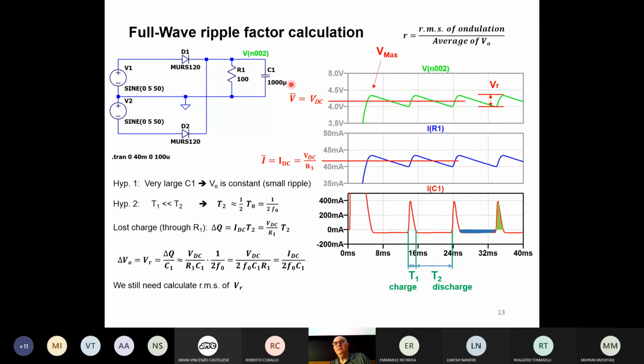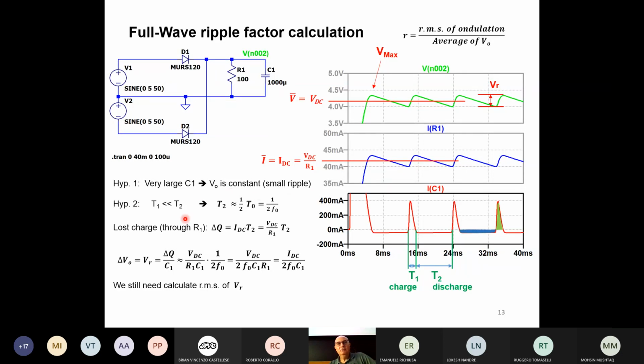But if the capacitor was infinite, we would have no ripple at all. So we have an adequate value for this capacitor C1, and anyway we have some ripple. The ripple is small, so sometimes we can neglect it, sometimes we want to calculate it. So the first hypothesis is that VO is constant with small ripple.